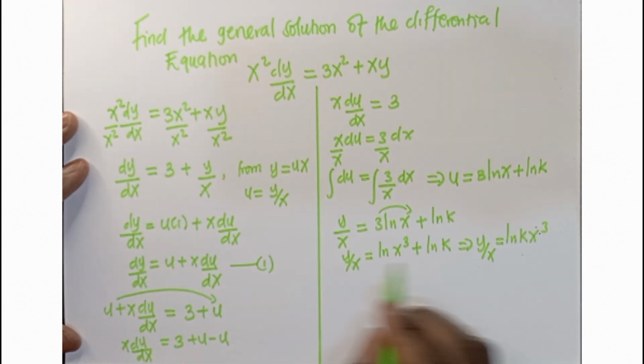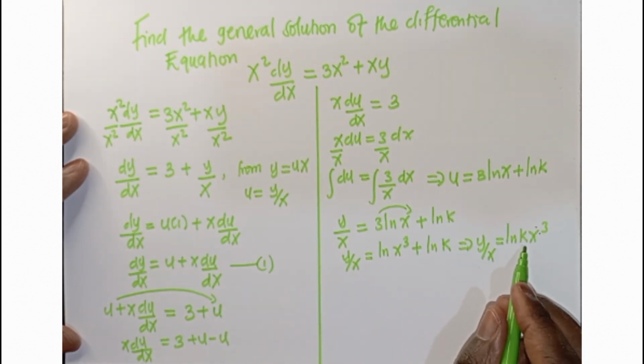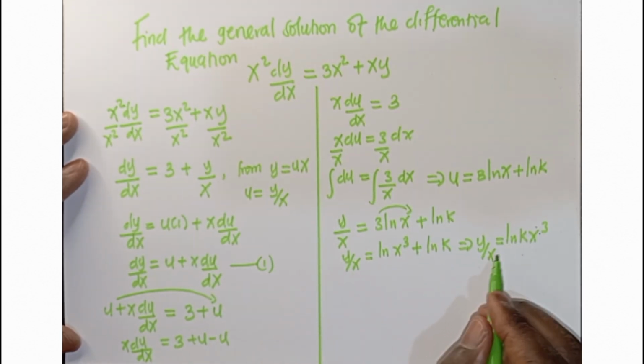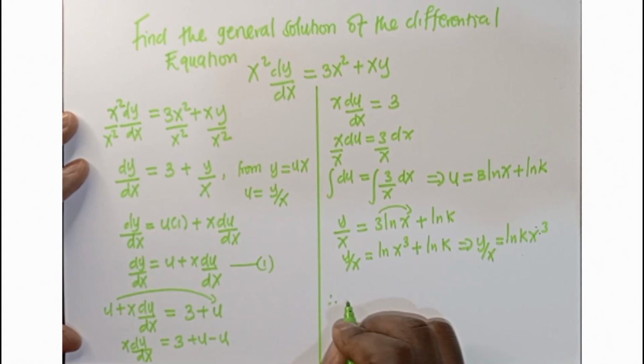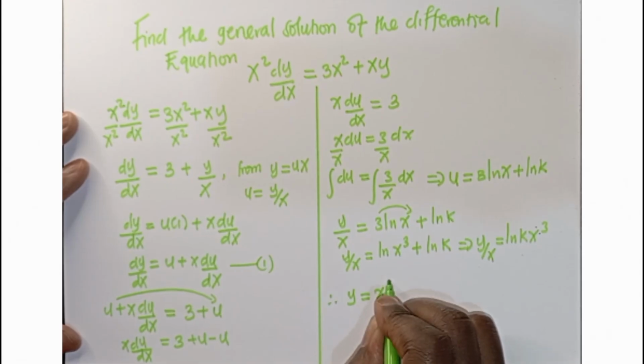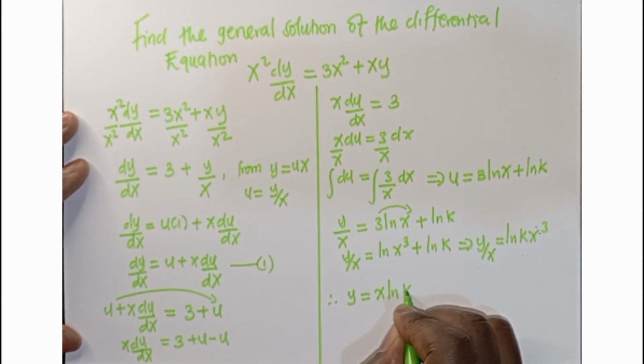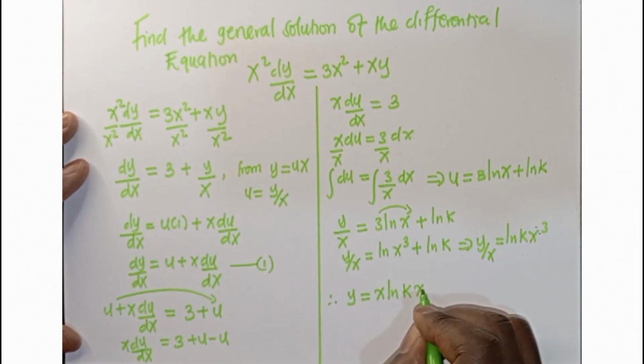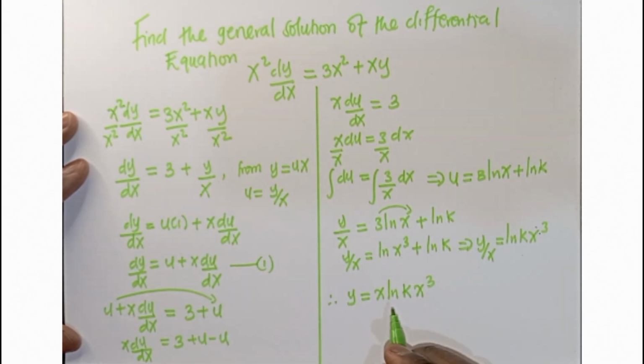Therefore, we can say that truly our y, which is the function, is the same as x ln of k x power 3. As simple as this, you have defeated it.